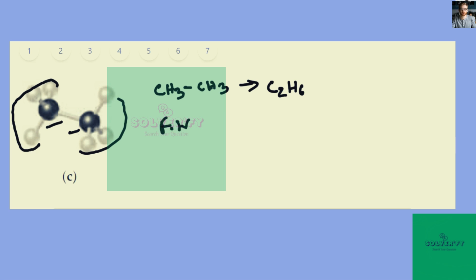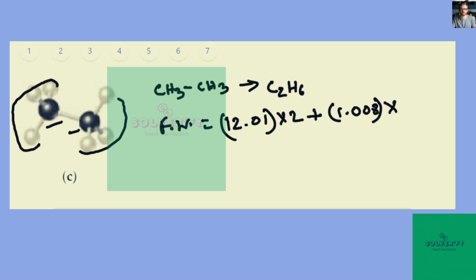So the formula weight for this compound will be simply, for 2 carbon, 12.01 times 2, plus 6 hydrogen, 1.008 being the atomic weight of hydrogen, times 6, and the total will give us 30.0694 atomic mass units.